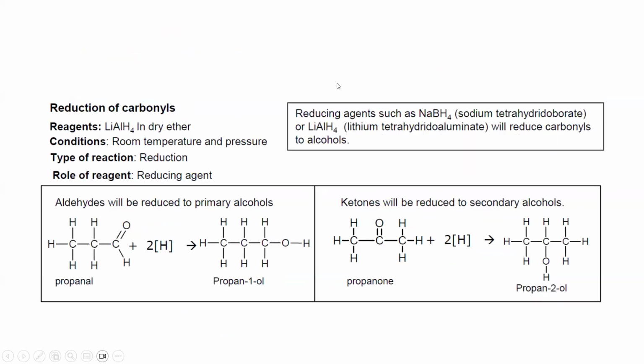Then if a substance is oxidized, in the same way we can also reduce the substance. The reduction reaction of the carbonyl group is the opposite. If you remember, a primary alcohol will be oxidized to an aldehyde, and an aldehyde can be oxidized to carboxylic acid.